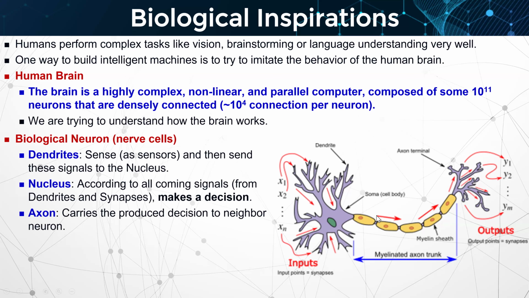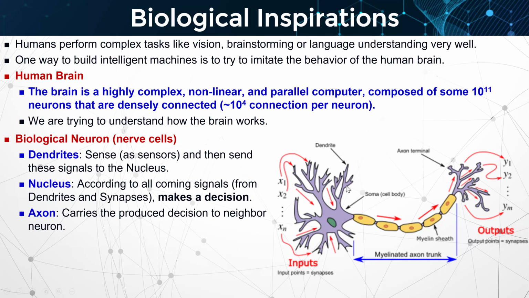We have the dendrite, which is a sensor to get the signals from the nucleus. The nucleus, based on the incoming signal, can make decisions. The axon carries the produced decision to the neighbor neuron, as you can see.